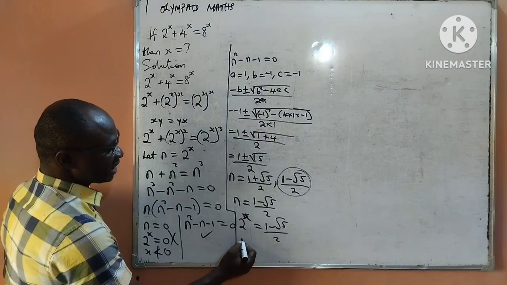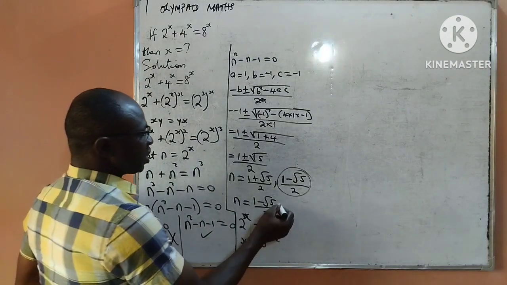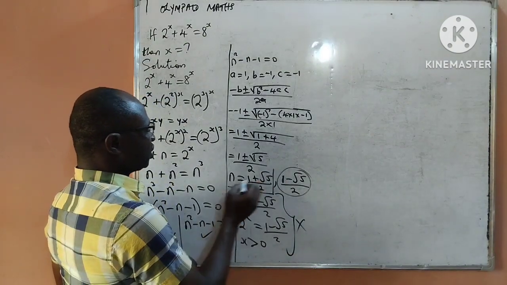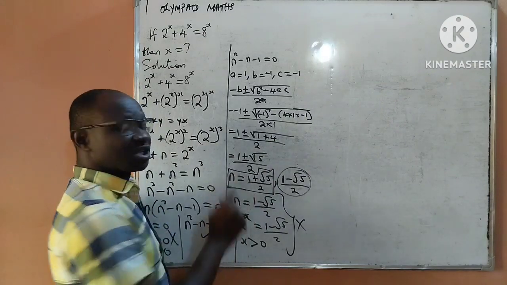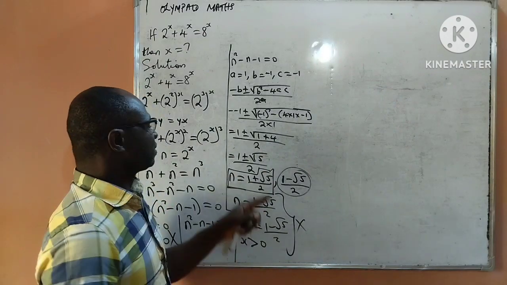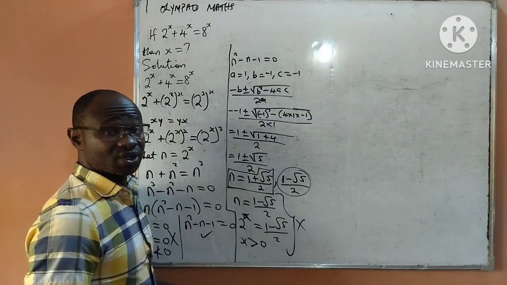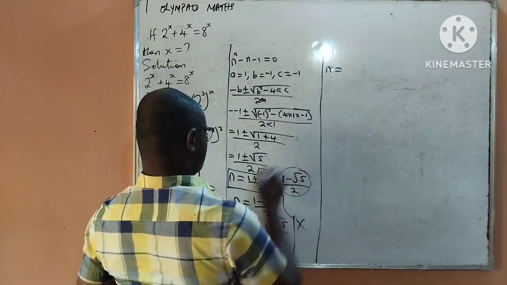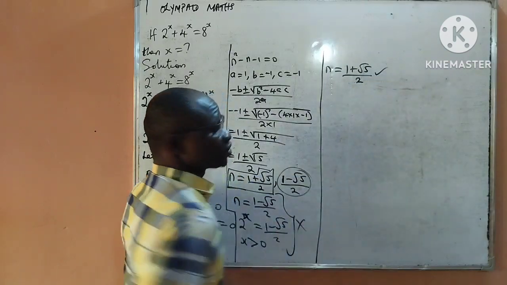You will agree with me that this should be rejected. So what we now have is where n is equal to a positive value that can make our value of x greater than 0. So we write n equal to 1 plus root 5 all over 2. This is what we need to solve.